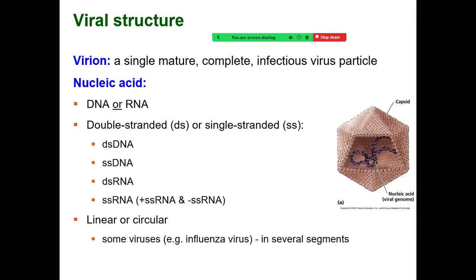The positive single-stranded RNA genome of a virus can be read by a ribosome, meaning the positive single-strand RNA contains the AUG codon, and the ribosome can read it. The negative strand RNA is the antisense to the positive strand RNA, and the ribosome cannot read it.